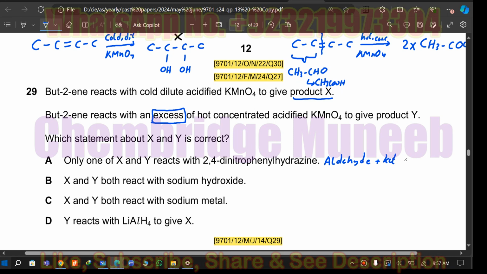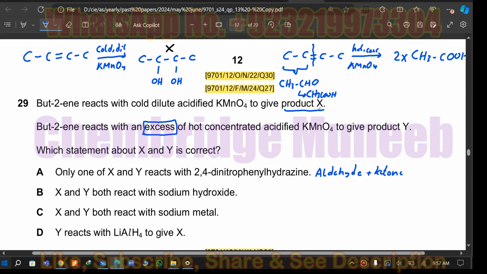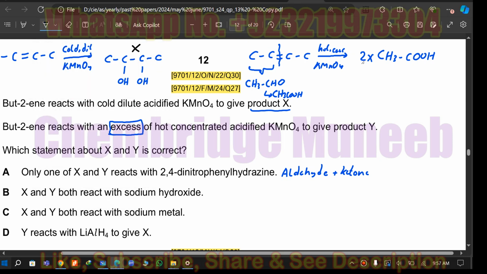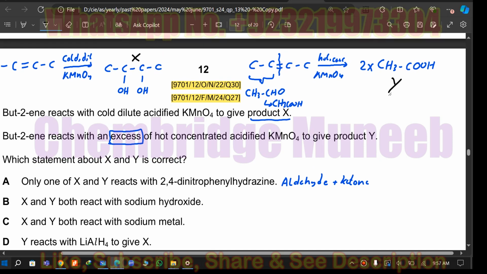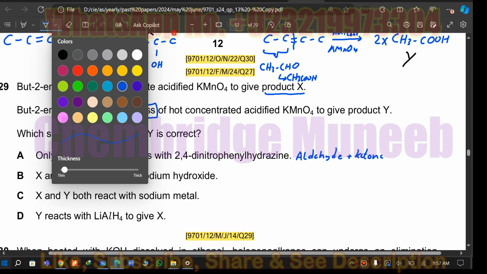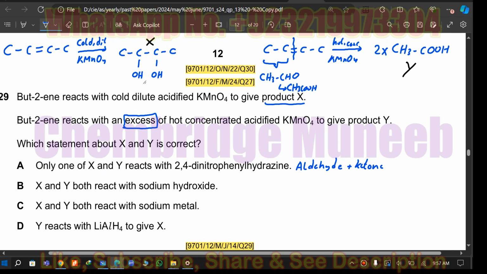But in the compounds X and Y, the product of X is an alcohol, and alcohol does not react with 2,4-DNPH, so X does not react. Y contains a carboxylic acid, which also doesn't react with 2,4-DNPH. So neither X nor Y reacts with 2,4-DNPH, so A becomes incorrect.